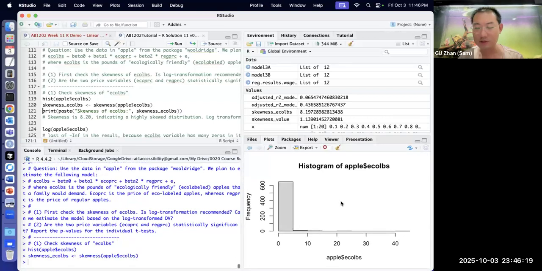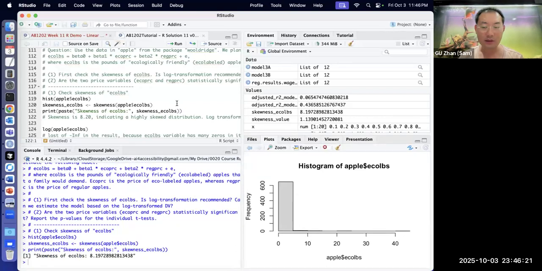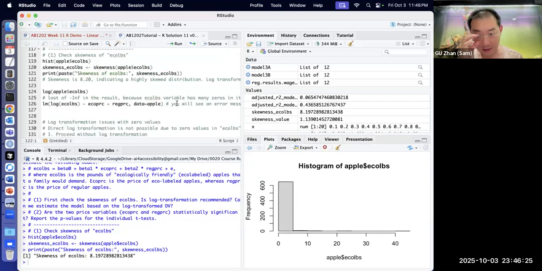Oh, highly skewed. It's extremely highly skewed. So what does this mean? Very few customers actually buy a lot of eco-friendly apples. Very, very few. The majority buy very little or even none at all.